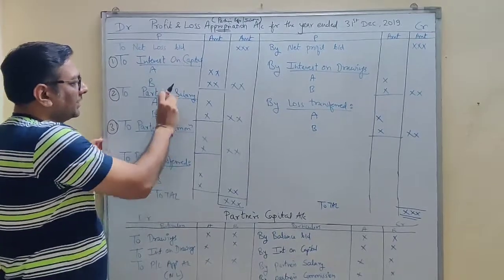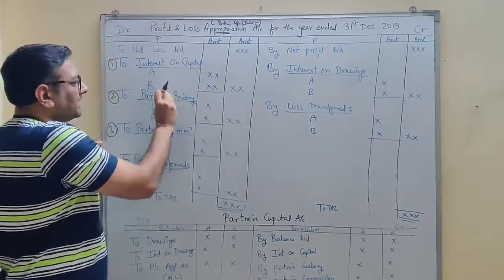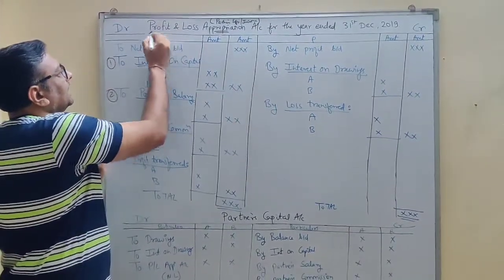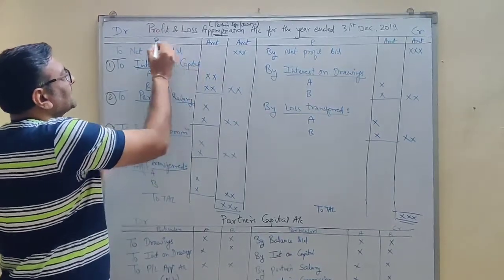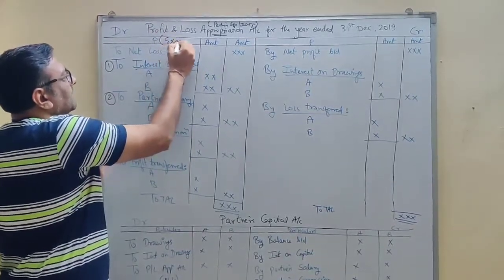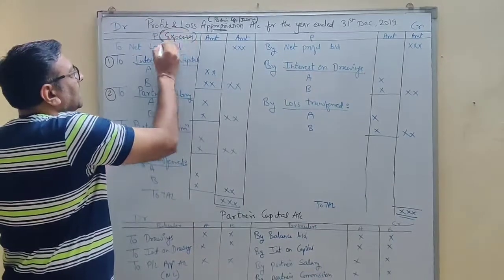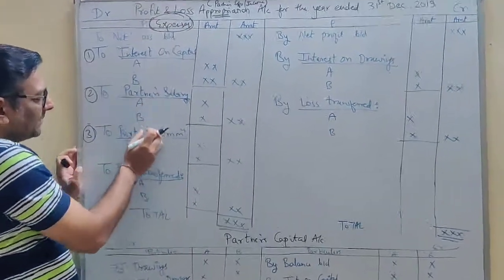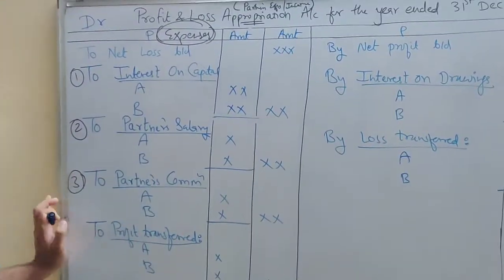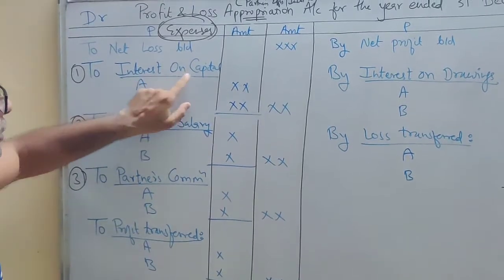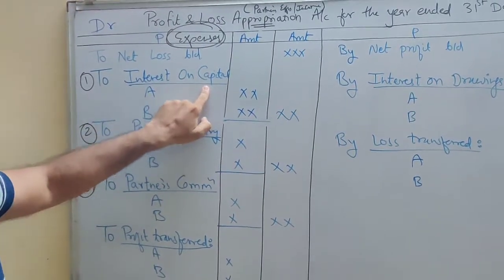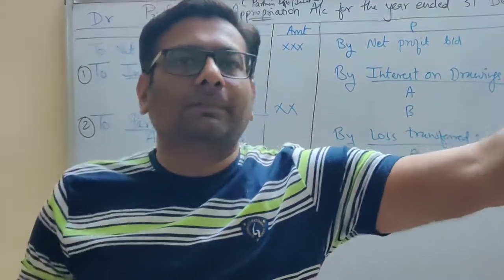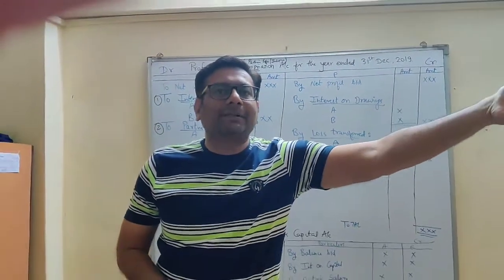Now why are we recording them on the debit side? Because these 3 things are expenses. So all your expenses you are going to write on the debit side. Tell me, interest on capital, it's an expense. Why? We are giving interest to the partner on their capital.